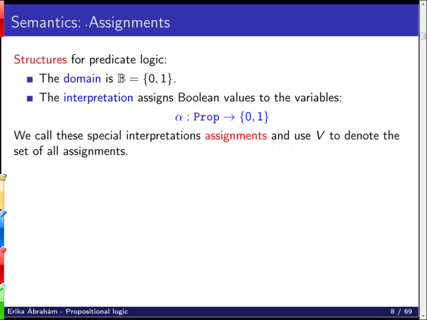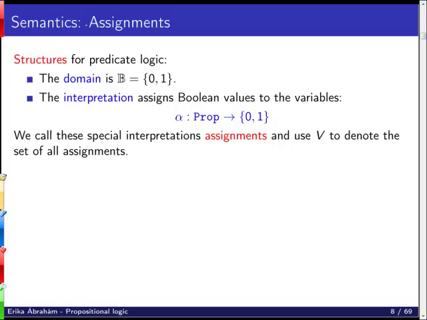In general first order logic, you also have function symbols or predicates, which will get a meaning. Now we don't have anything like that. That's why our interpretation is quite trivial. It's just a function assigning Boolean values to Boolean variables.